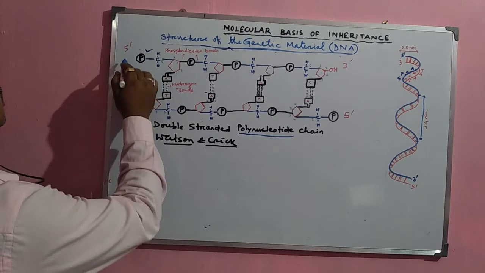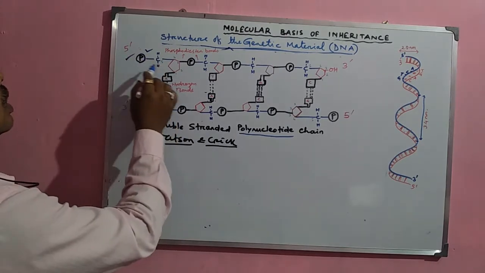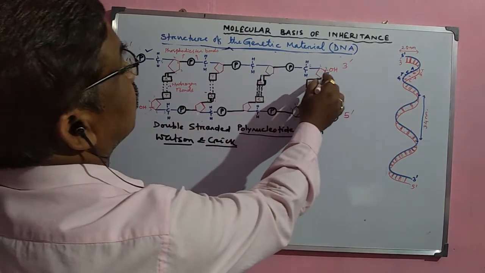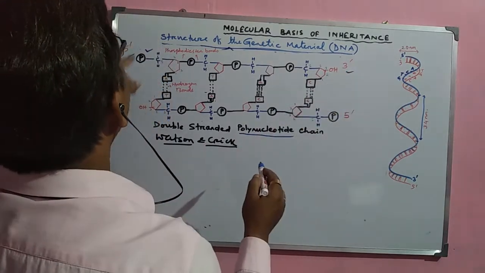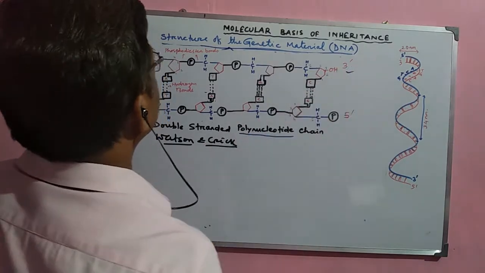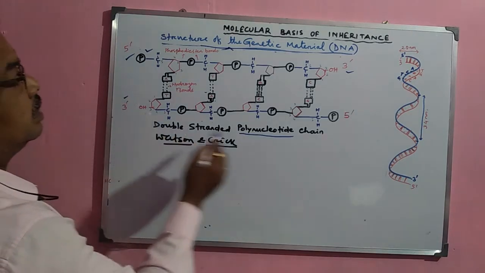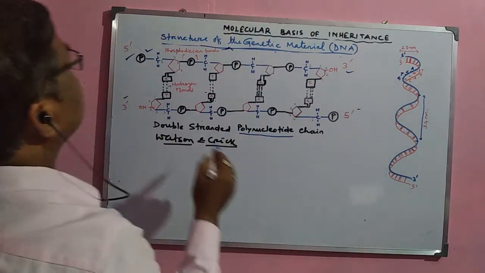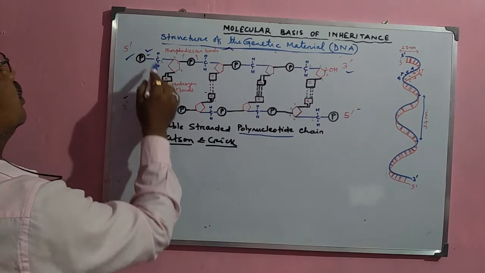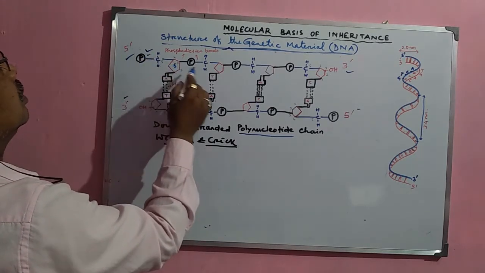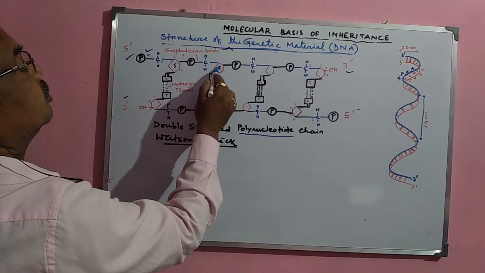Now, look at here. This is one polynucleotide chain from 5' to 3' end. Another polynucleotide chain is here, 3' end and here 5' end. This is your phosphate group, then your sugar, phosphate, sugar, phosphate, sugar, and this is phosphate, this is sugar.